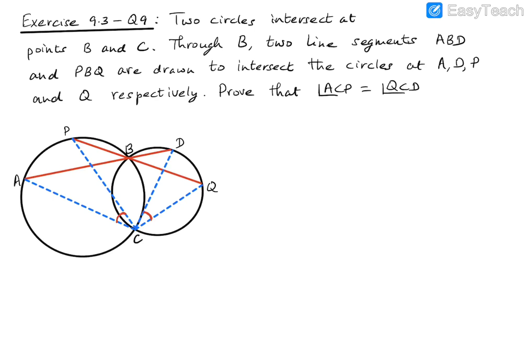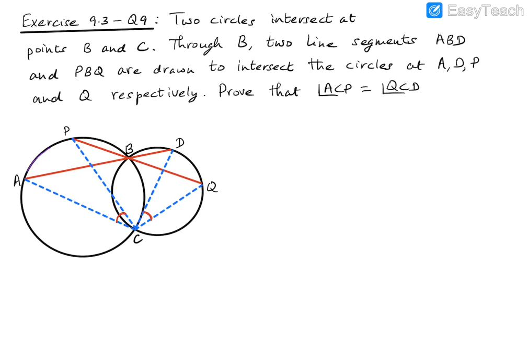Now, if we notice, the angle ACP is the angle subtended on the circle at the point C by the segment of the circle AP. So it is this segment over here, which I will highlight also in red, or let me use some other color. I'll use pink for that.